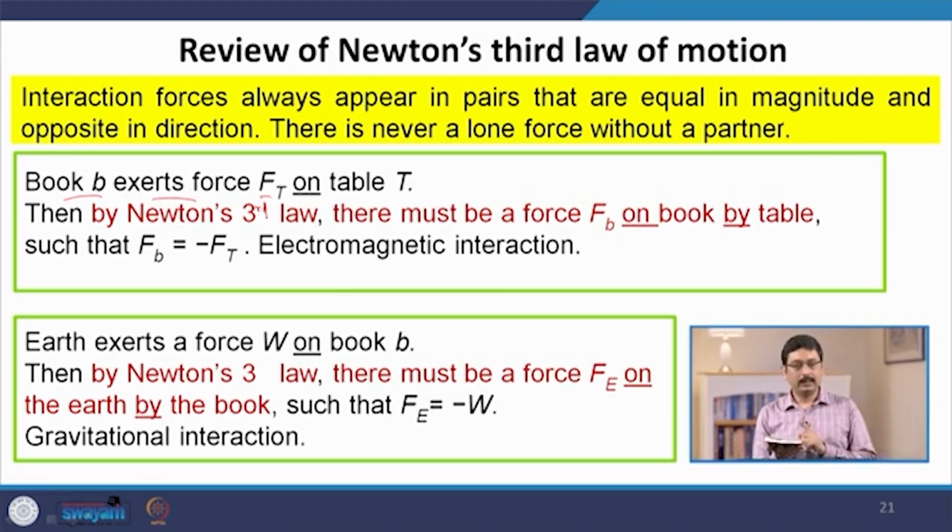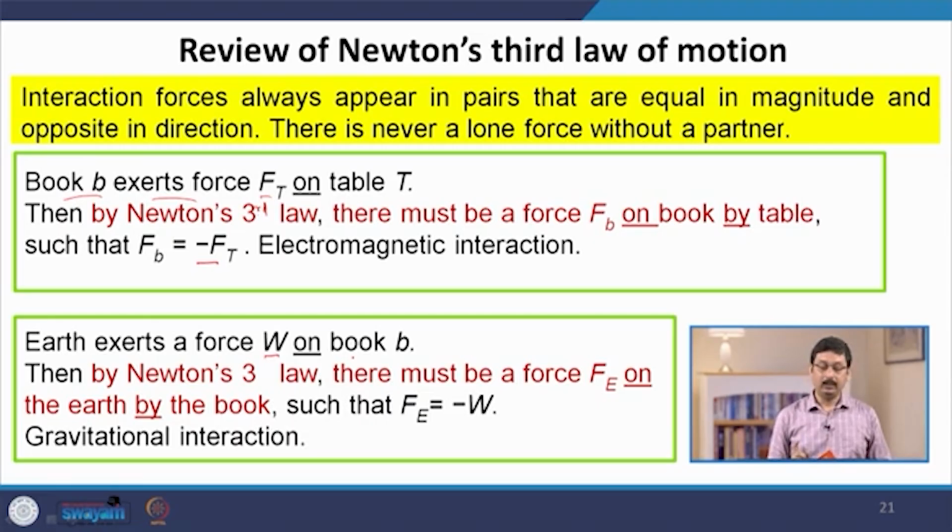But the third law really says that the table must also be putting a force on the book, and that force is equal and opposite to Ft. This is the point of the third law. Similarly, we can easily see that the book has a weight, which means the earth is exerting a force W on the book. This is the weight of the book.